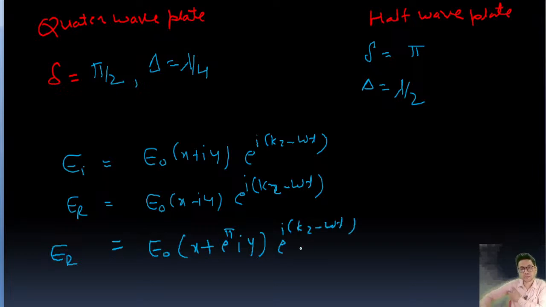We can write it, right? Because minus 1 is e to the power i pi, since we know e to the power i pi equals minus 1. So in place of minus 1 we write this.